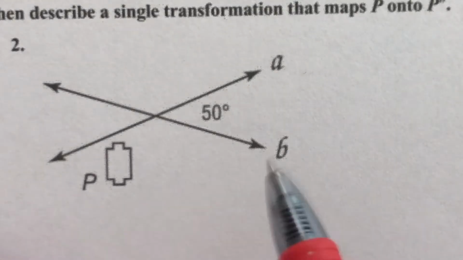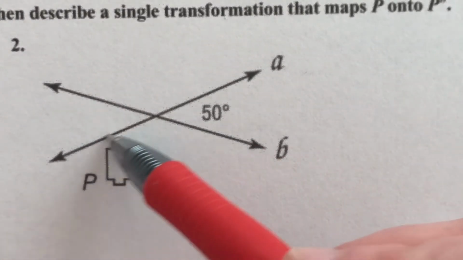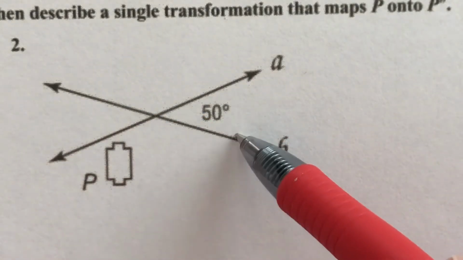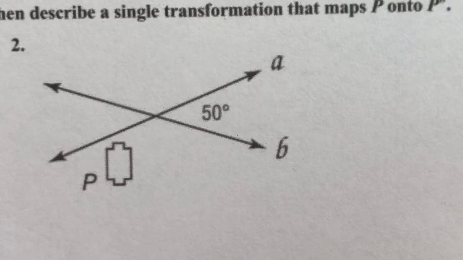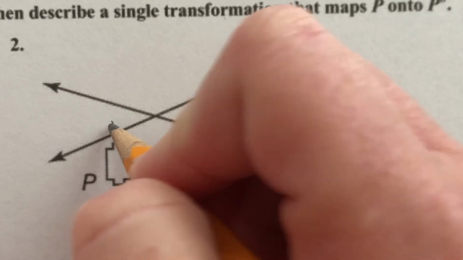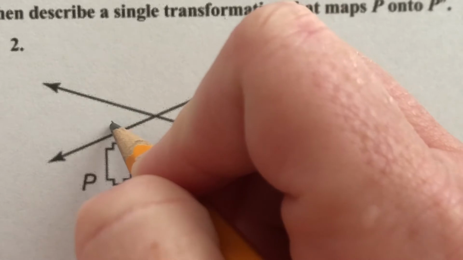Okay, next one. These are also intersecting lines. So we're going to reflect over line A first, and then after we reflect over line A, we're going to reflect over line B. Okay, so we're going to do our best here reflecting over A. I'm going to do it in pencil.